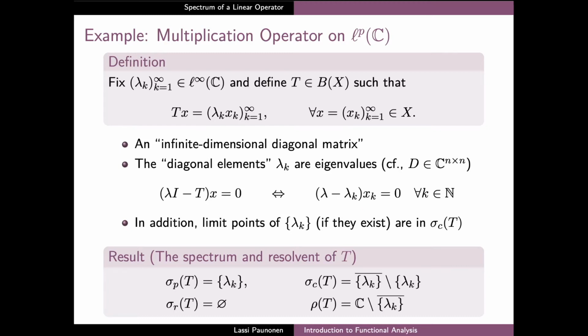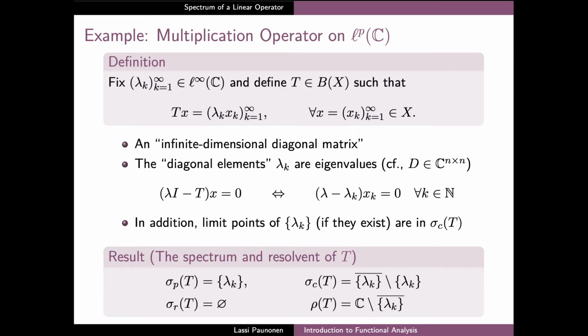And since the sequence of lambda_k can be quite general, we can see that as opposed to a finite diagonal matrix, an infinite multiplication operator can have countably many distinct eigenvalues.